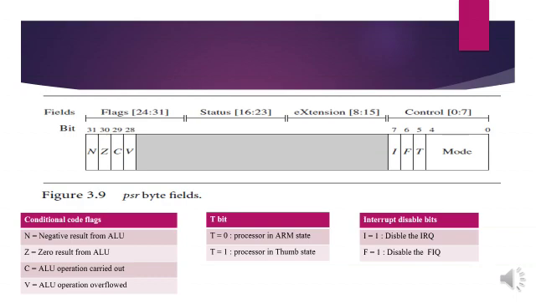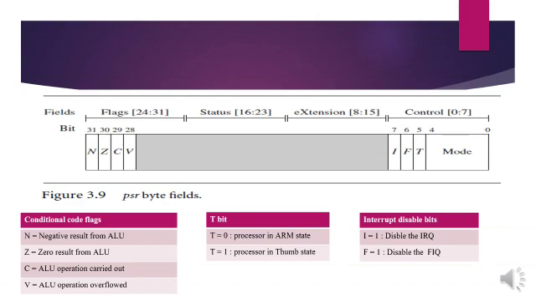Then bit number 5 of the control field is used to select the Thumb state. Let us understand the Thumb state. When this T bit is equal to 0, the processor is in ARM state, whereas by setting the T bit to 1, we can set the processor in Thumb state.